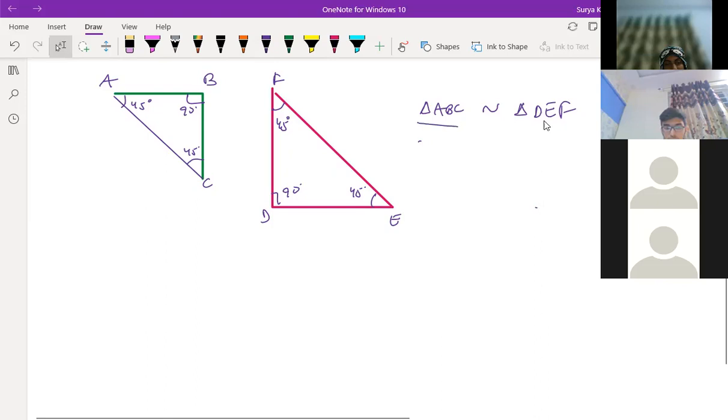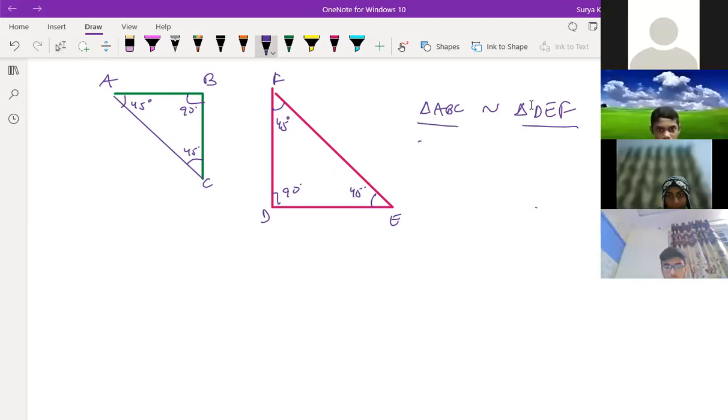See, now what I'm saying, ABC and DEF is there, right? Praharshan, if I tell you that A angle should be equal to D angle, correct? If these two triangles are similar, it means these two angles should be equal. It's not correct, no?